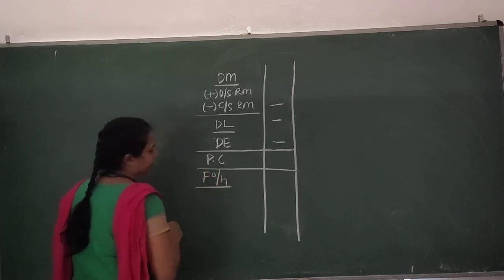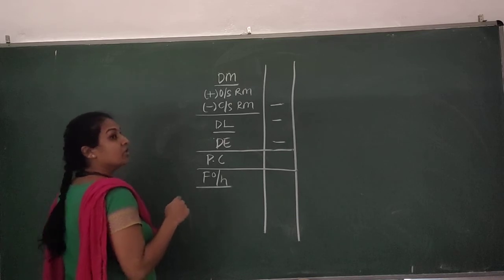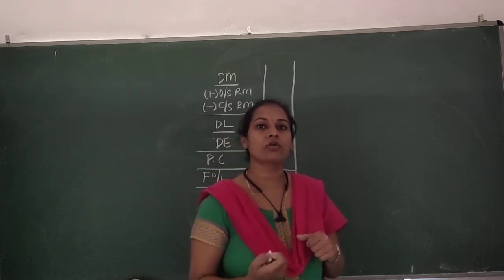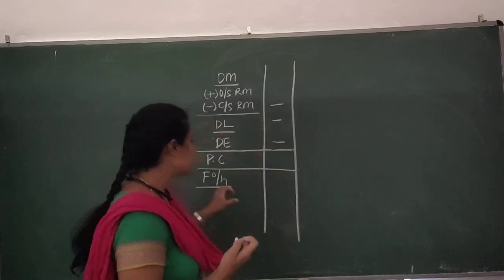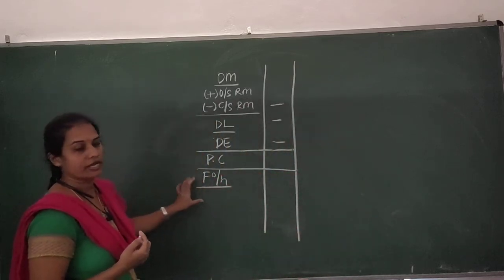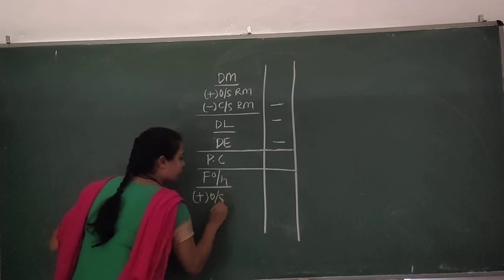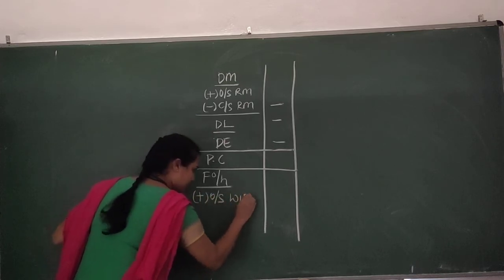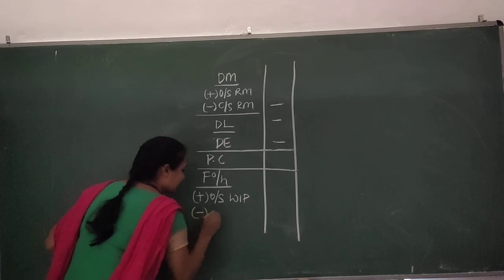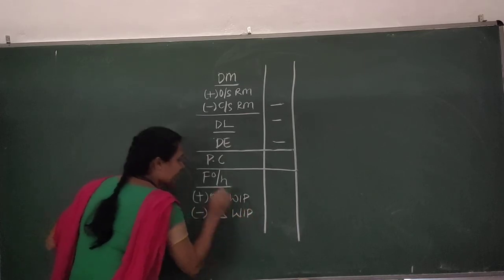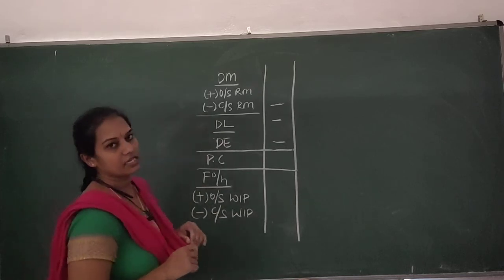Under your factory overhead, if there is any opening stock of work in progress and closing stock of work in progress, it will be taken in your factory overhead. That is, you add opening stock of work in progress and deduct the closing stock of work in progress. I want you all to write it down.